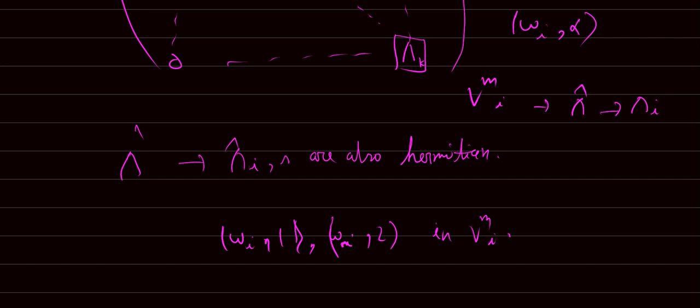For the eigenbasis of lambda I, let us make such a change of basis in each eigenspace, thereby rendering lambda diagonal.